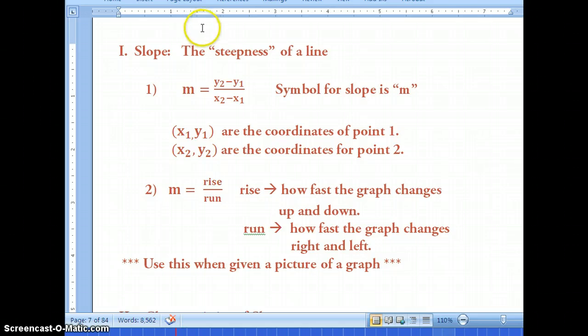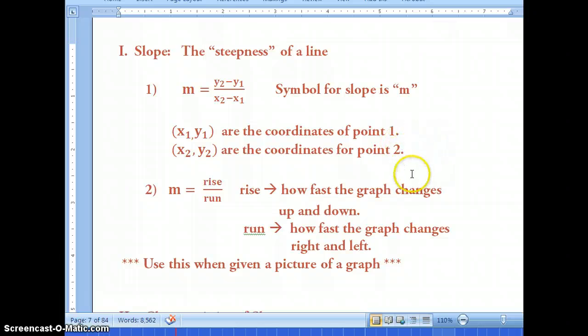Now, the second formula for slope involves rise over run, because that's what a slope basically is. It measures the ratio of how fast a graph is changing up and down in the vertical direction, and we're comparing it to how fast it changes right or left in the horizontal direction.